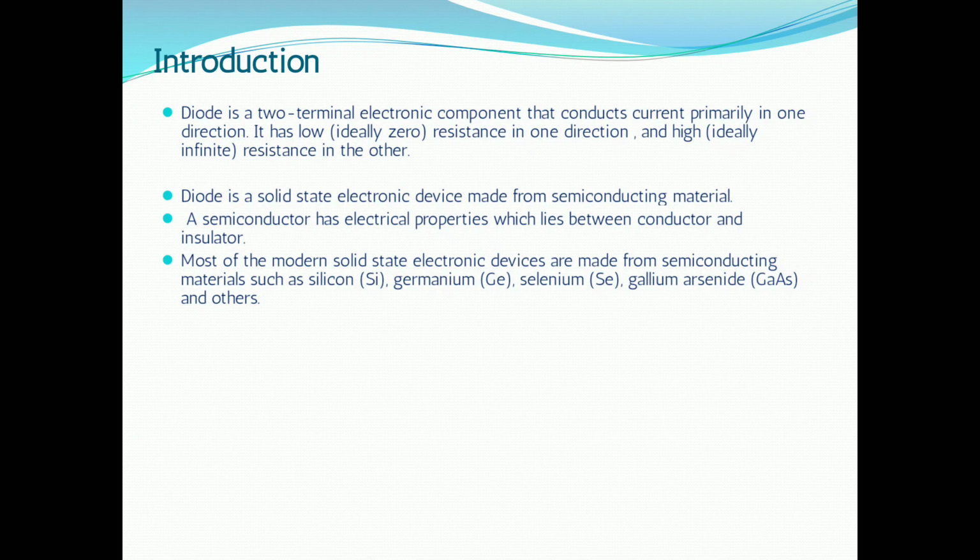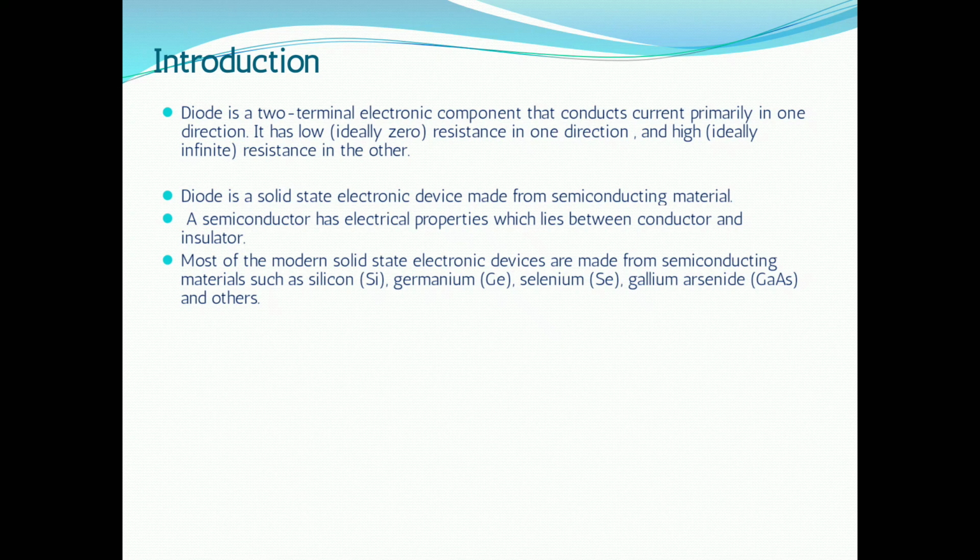Then diode, we can say, is a solid state electronic device made from a semiconducting material. We know what is semiconductor. Semiconductor has electrical properties which lie in between those of conductor and insulator. Most of the modern solid state electronic devices are made from semiconducting material, that is silicon.